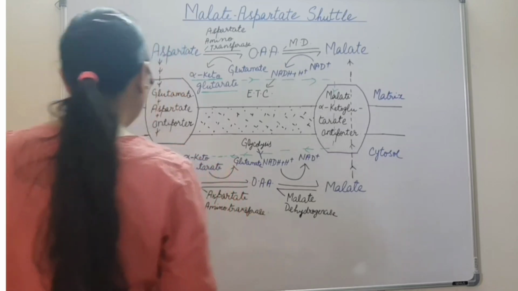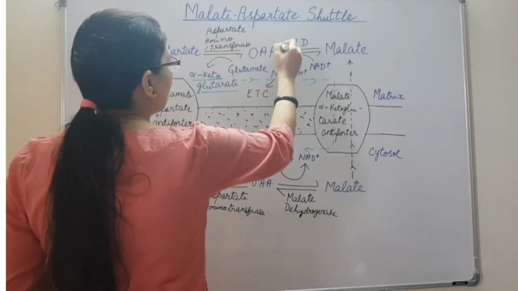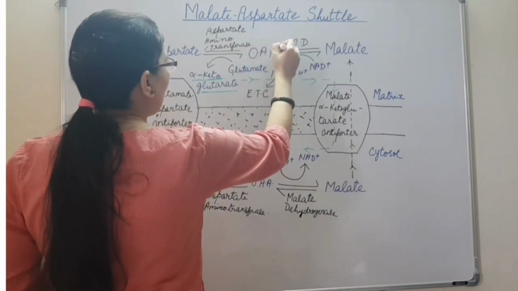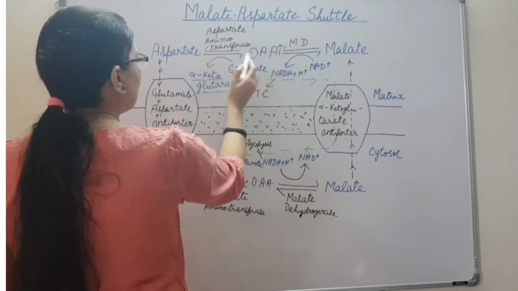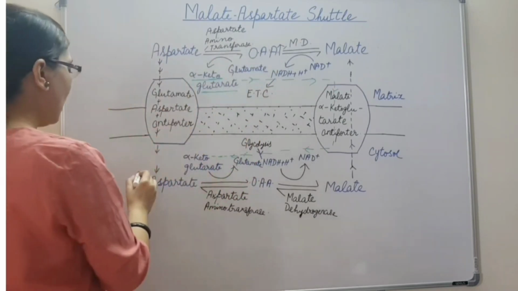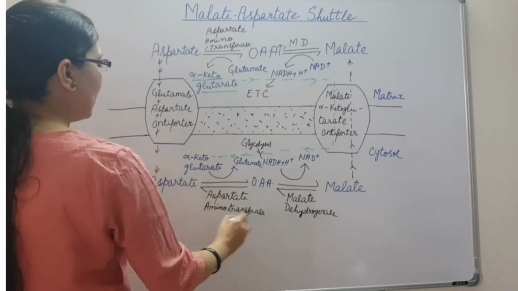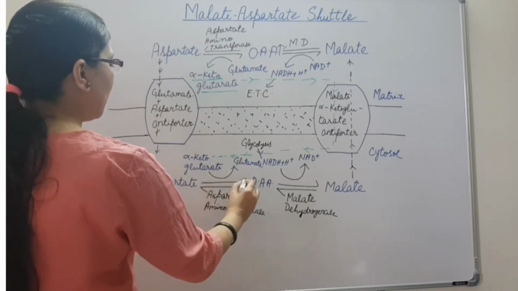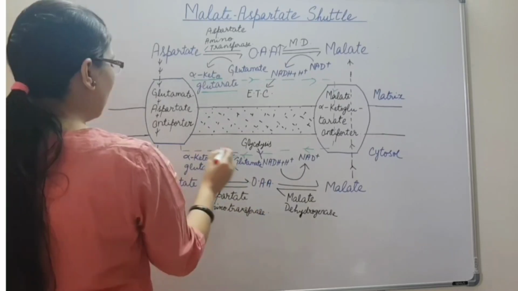Here also in mitochondrial matrix the concentration of oxaloacetate is more, so aspartate amino transferase catalyzes the reaction from oxaloacetate to aspartate, and in the cytosol the concentration of aspartate is more, so here this enzyme catalyzes the reaction from aspartate to oxaloacetate.